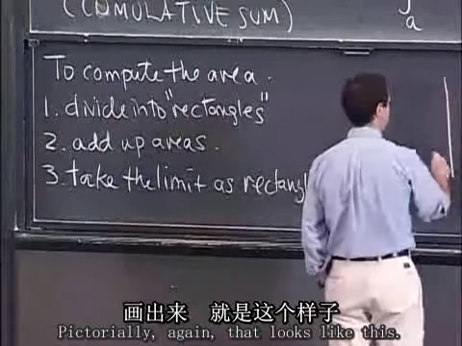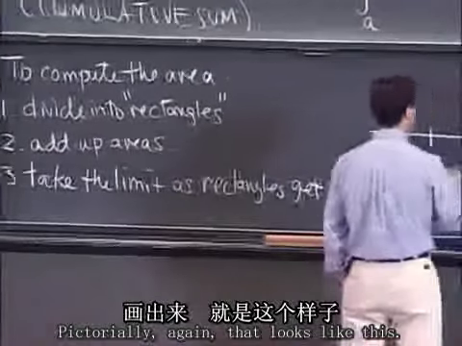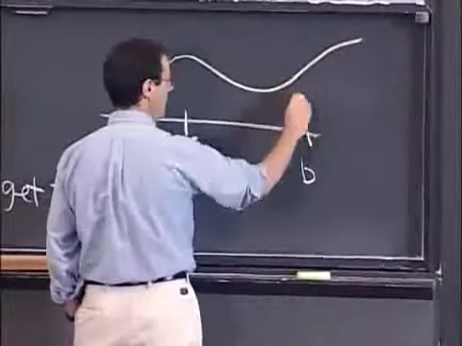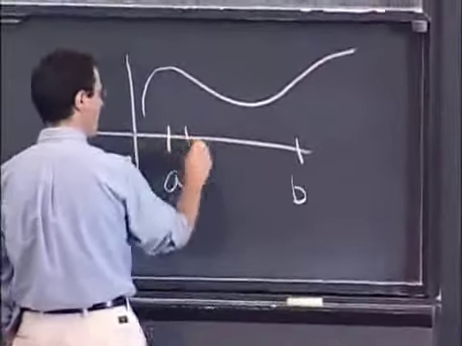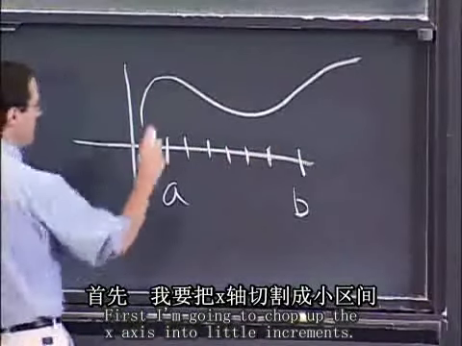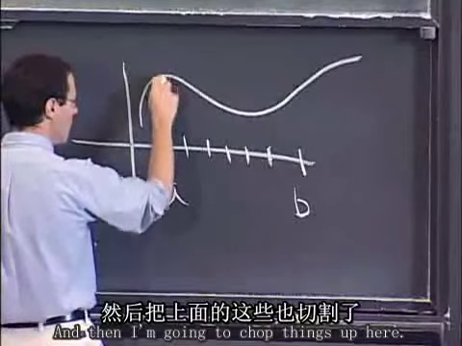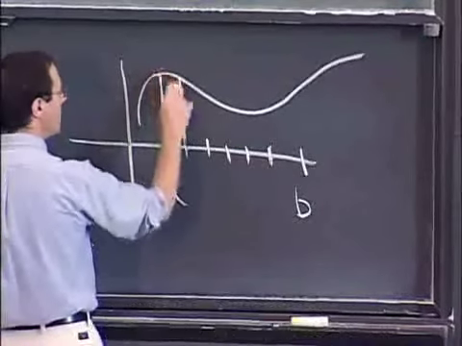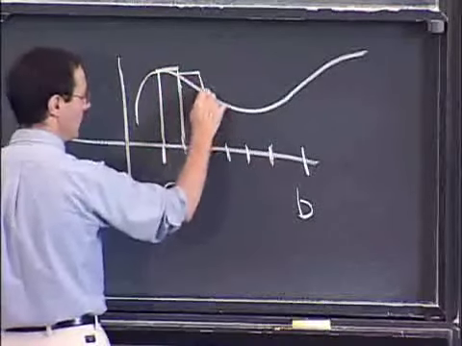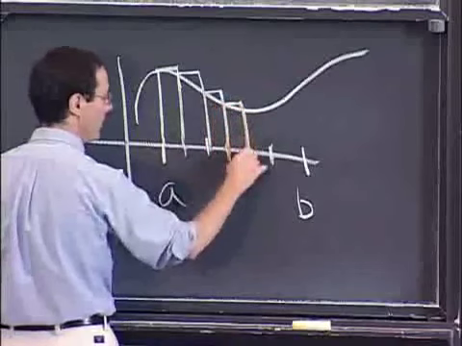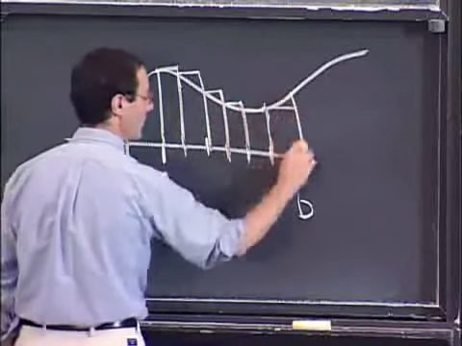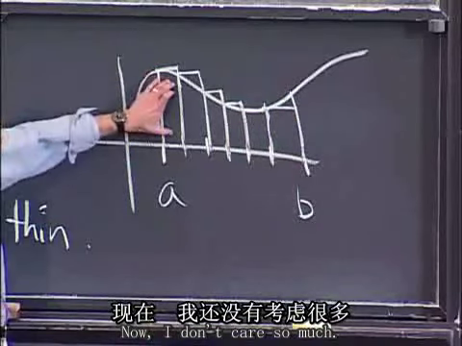Pictorially, again, that looks like this. We have A and our B, and we have our guy here. This is our curve. And I'm going to chop it up. First, I'm going to chop up the x-axis into little increments, and then I'm going to chop things up here, and I'll decide on some rectangle, maybe some staircase pattern here, like this. Now, I don't care so much.